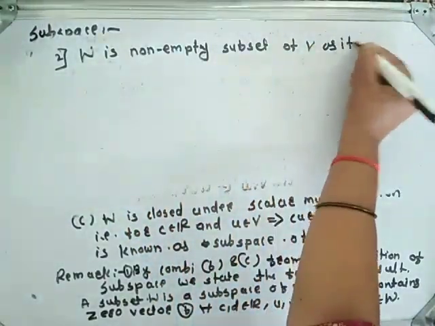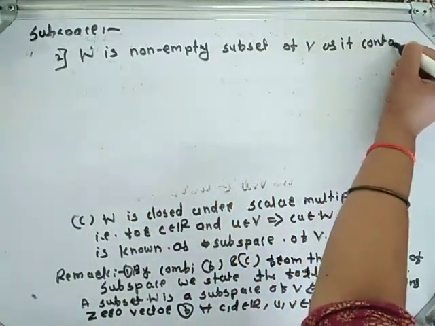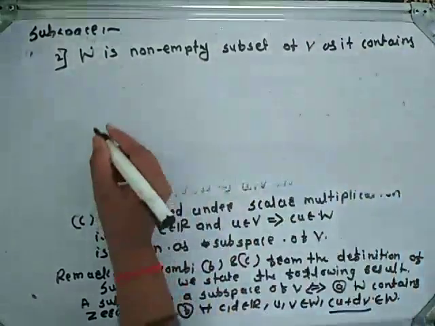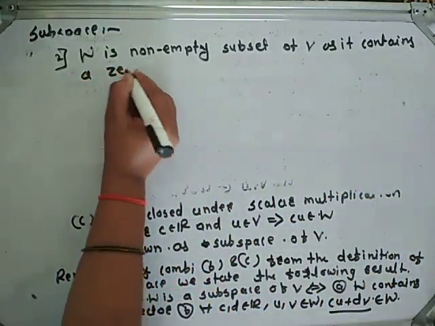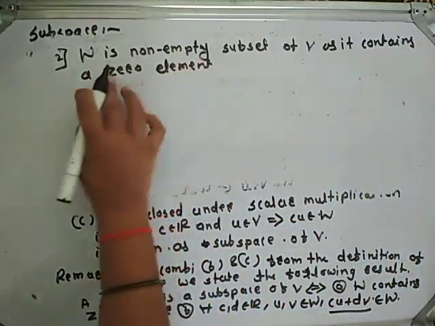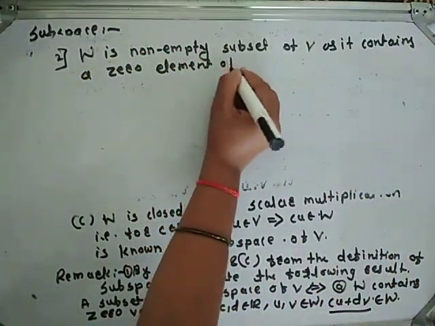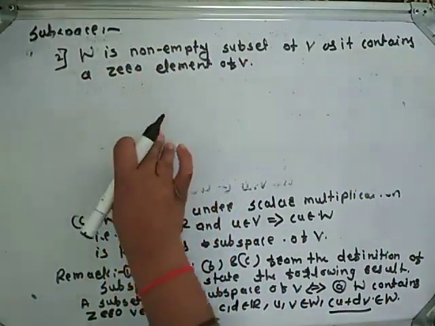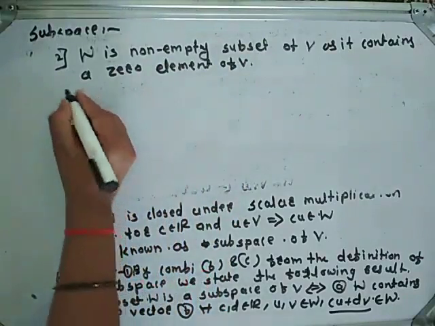As it contains the zero element of V, at least the zero element of V. That's why W is a non-empty subset of V.